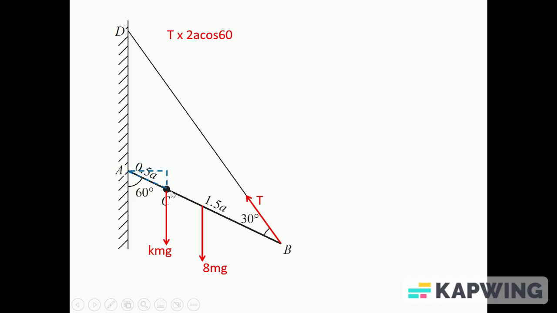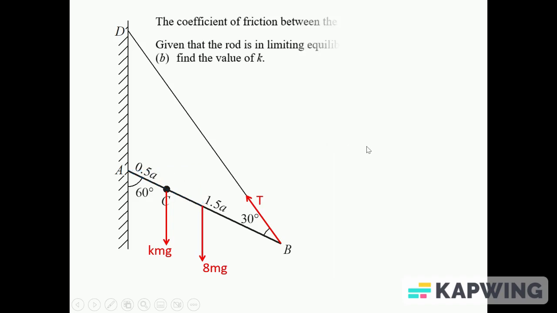For the extra weight, in the right angle triangle here, that's the perpendicular distance, which is 0.5a cos 30, and for the weight of the rod, that's the perpendicular distance, which is just a times cos 30. But I get the same as what I had before.